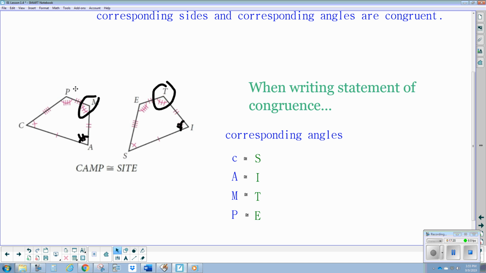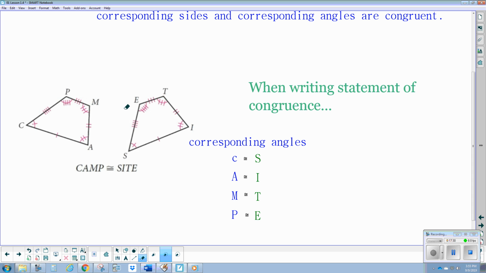So those two angles are congruent. So we can determine all four corresponding angles are congruent, based on the way the congruence statement is written, C, then A, then M, then P, and S, then I, then T, then E. We're going in that specific order of those angles.